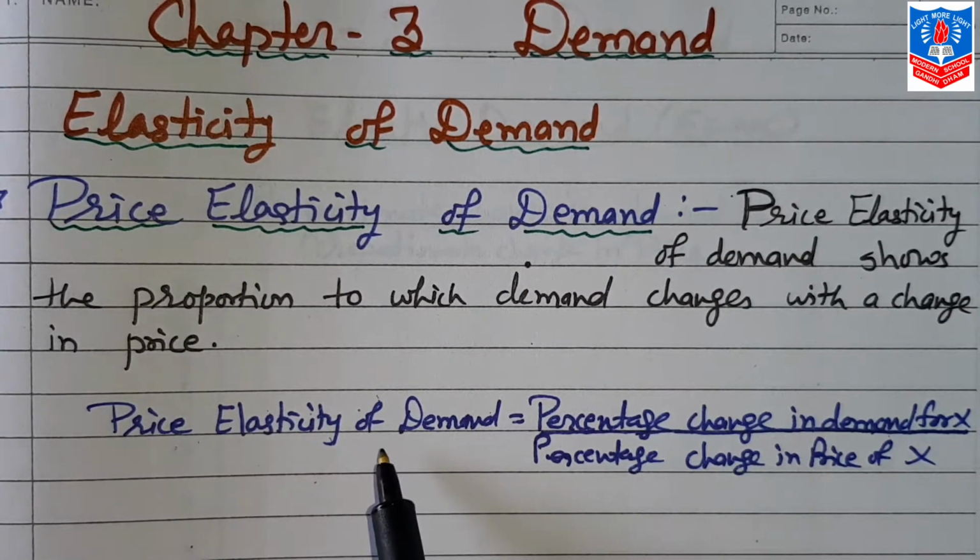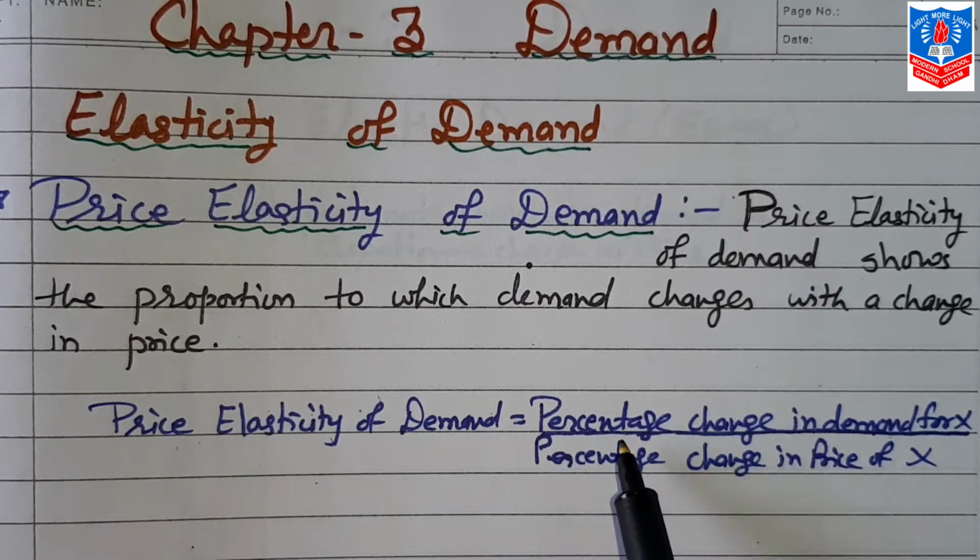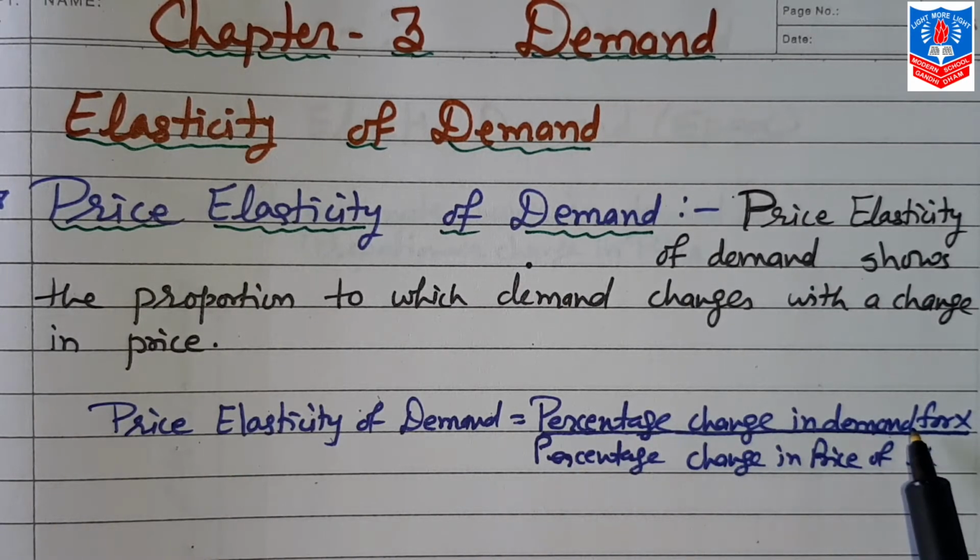Now the formula for price elasticity of demand is percentage change in demand for X commodity upon percentage change in price of that X commodity only.